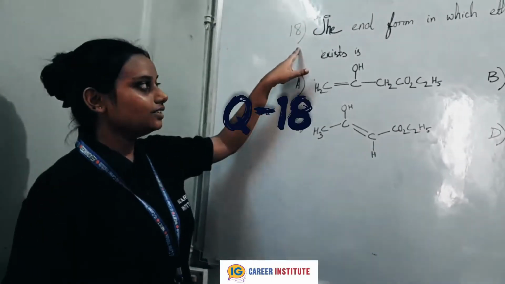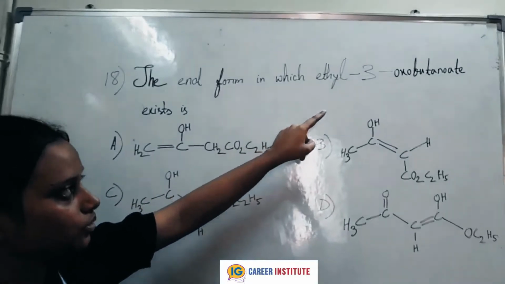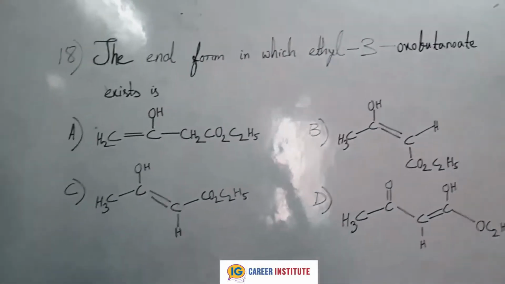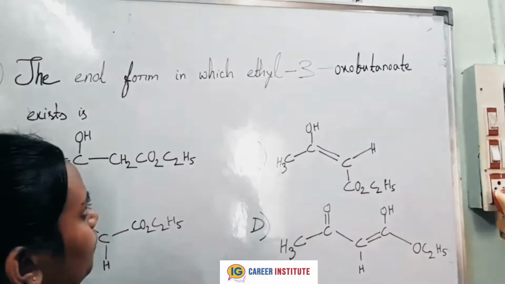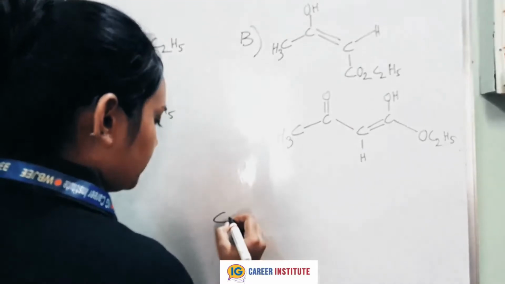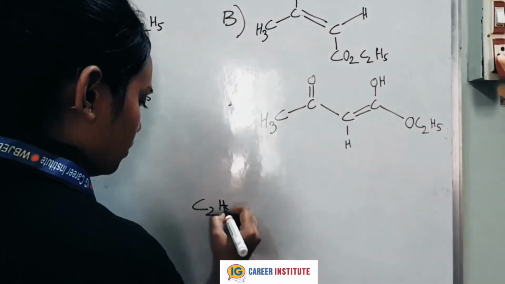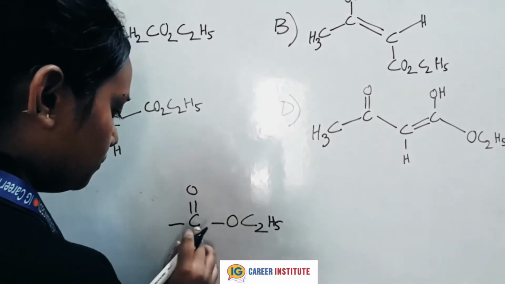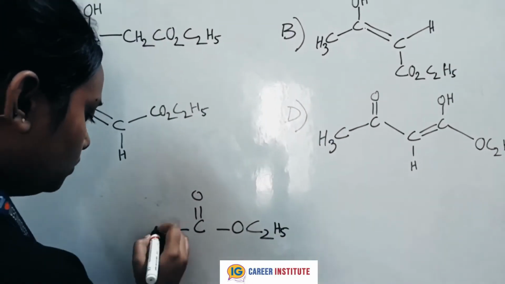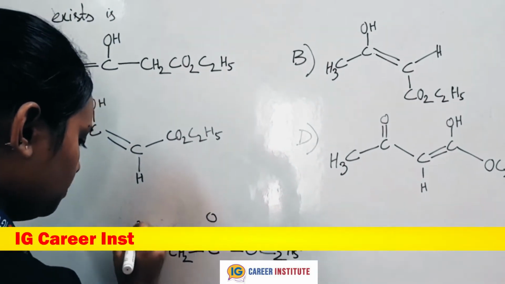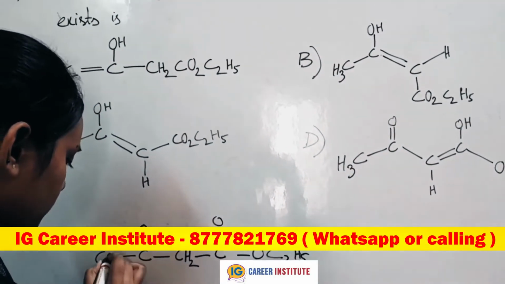So question 18 is, the enol form in which ethyl 3-oxobutanoate exists is. First of all, we have to draw the structure of ethyl 3-oxobutanoate. So ethyl, that is C2H5, oxobutanoate. There have to be 4 carbon atoms, 1, 2, 3, 4, with oxo at 3 position and CH3.